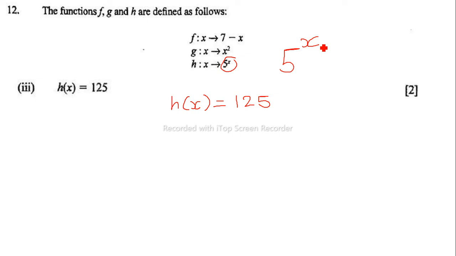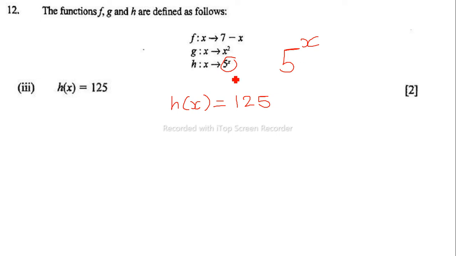What number could I raise 5 to give me 125? To the third power. Yeah, the third power. Okay, so we know the answer is 3, so we just have to prove it.